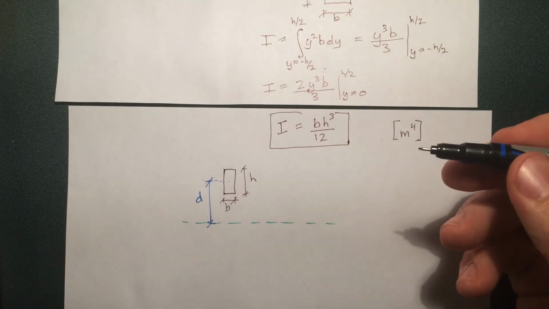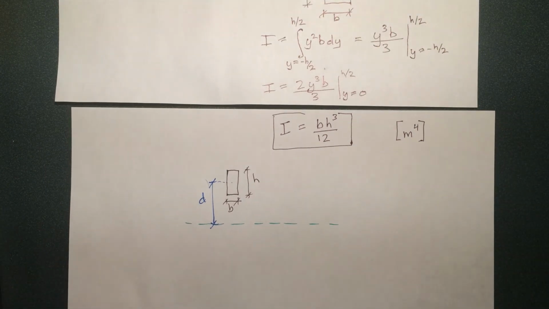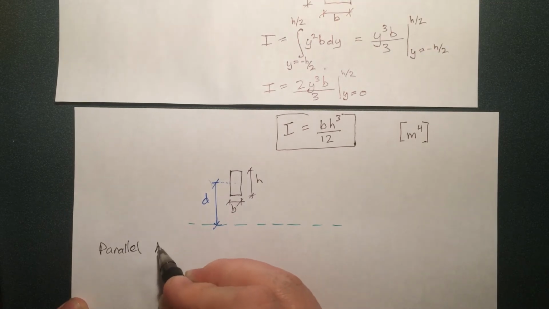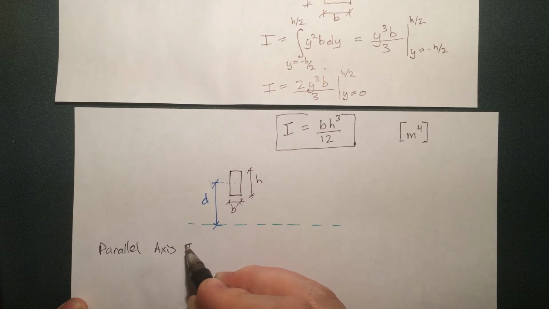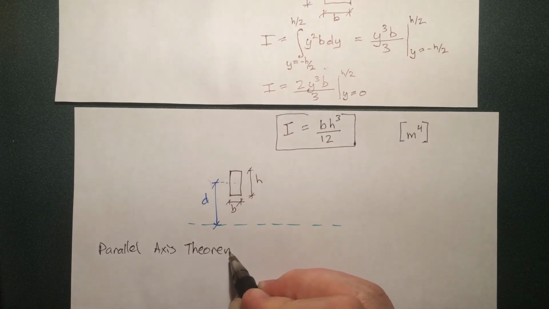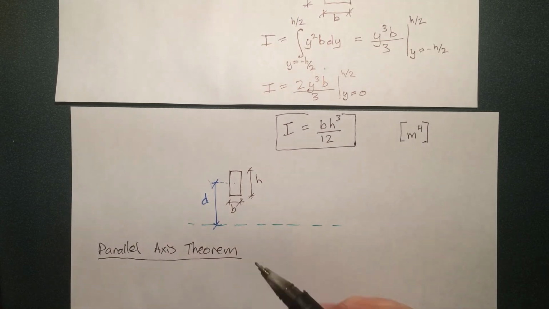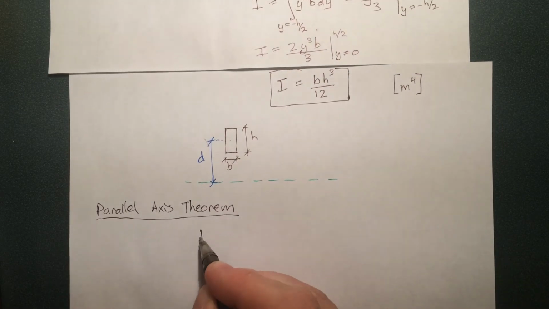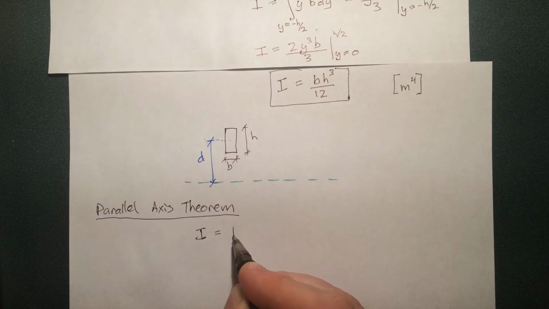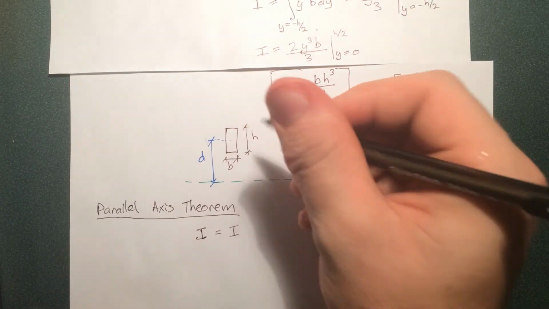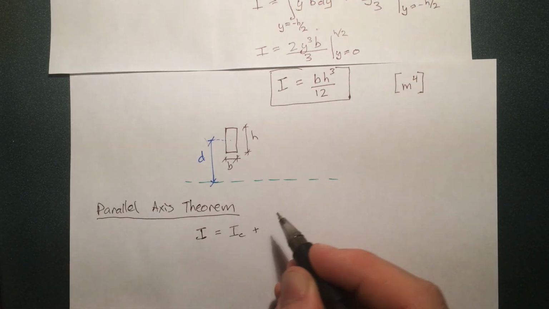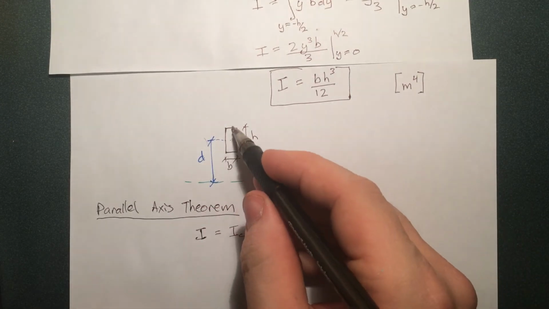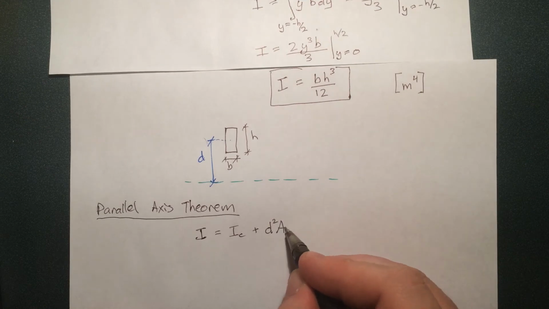Well, instead of going through the whole integration, we use something called the parallel axis theorem. And that tells us that the moment of inertia of this piece is equal to the moment of inertia of itself about its centroid plus the distance away squared times the whole area of this thing.